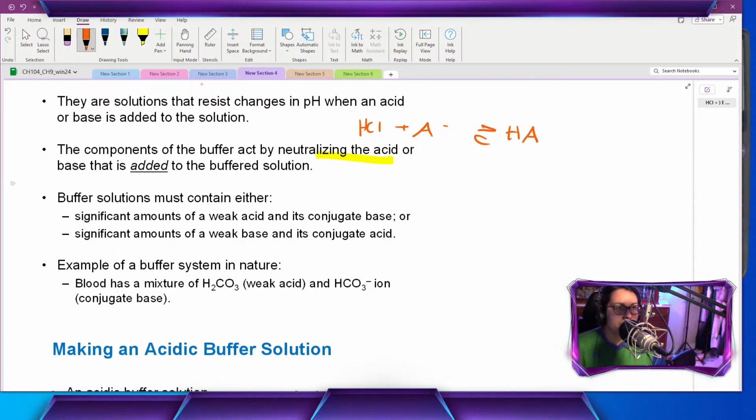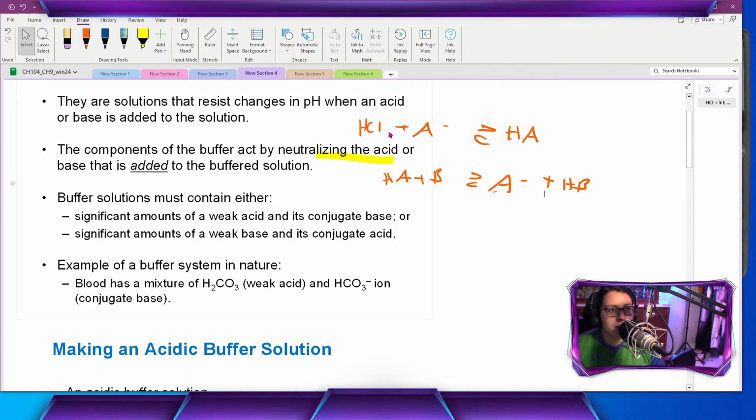Or if you added a base, it would react with your conjugate acid and then make your conjugate base here. And then what you see is, well, then that gives us equilibrium from Le Chatelier's principle. So this could react, right? So then you do the reaction, but then it might go back to equilibrium, right? So then even though this is reacted, then this might go ahead and reform some acid again. So that is how it resists that change in pH.